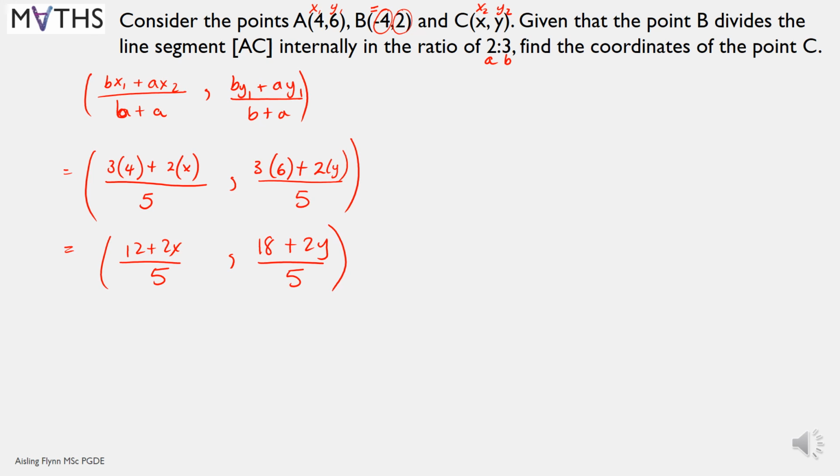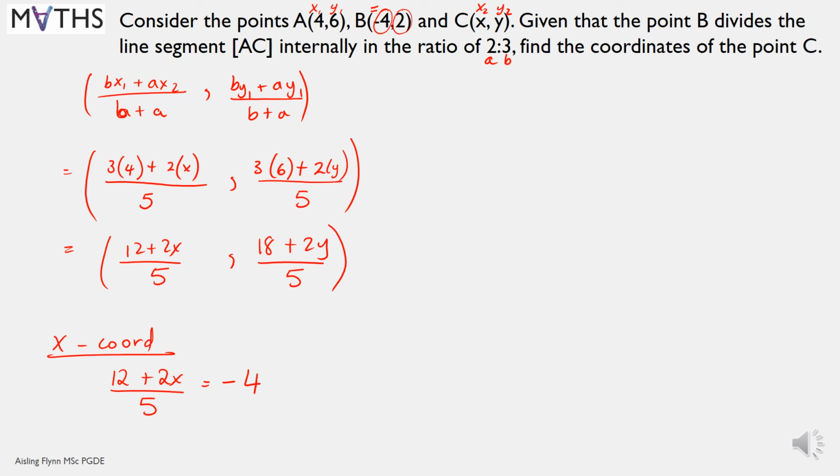So where do we go from here? Well, we know what the answer should be. It should be point B. So at this stage we'll take each coordinate separately. Let's look at the x coordinate, and 12 plus 2x over 5 should give an answer of -4. This is something we can solve easily.